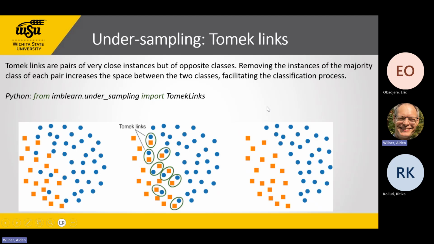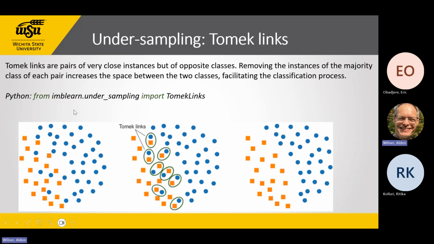Basically, by removing the blue circle from all these pairs, we end up with a sharper boundary, right? We don't have any of the majority cases stuck in the middle of a minority case. We're going to go ahead and accept possibly an error if we see that particular case, right? But the point is that we want to make our classification of the minority case be as good as the classification of the majority case, right?